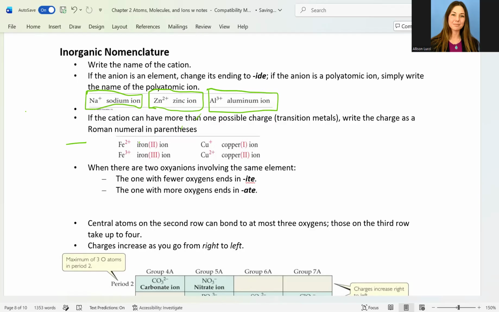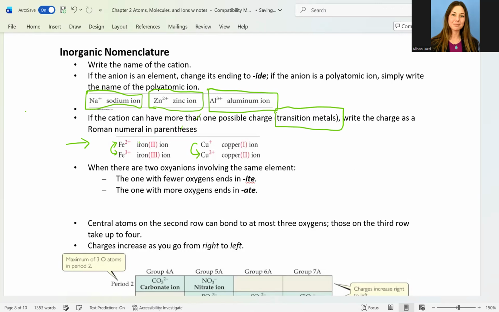And if we have those transition elements, the transition metals in the middle of the periodic table, we can't predict their charge because they often have multiple oxidation states, which result in multiple charges that are possible. I pointed out above iron 2 and iron 3.